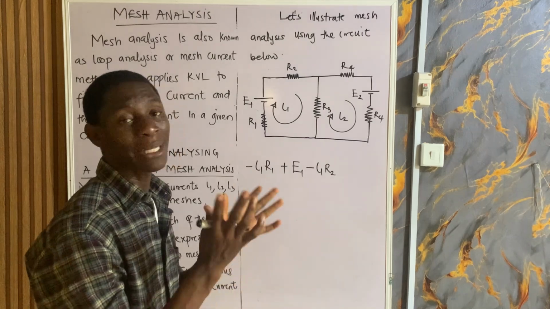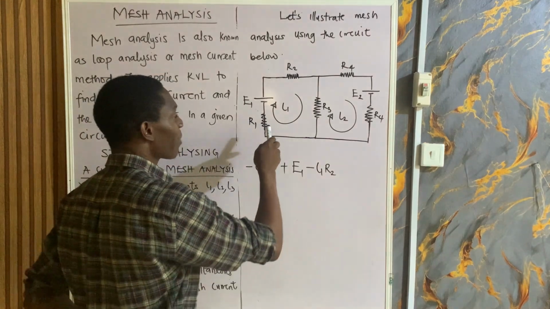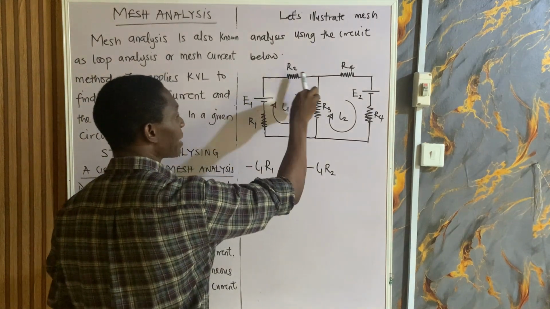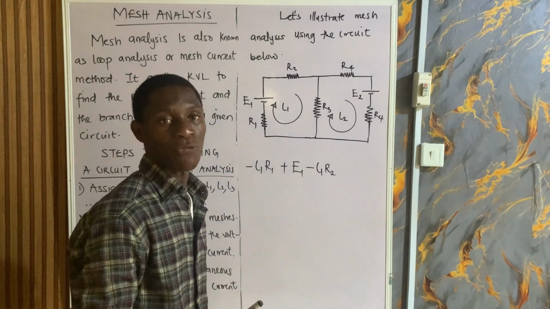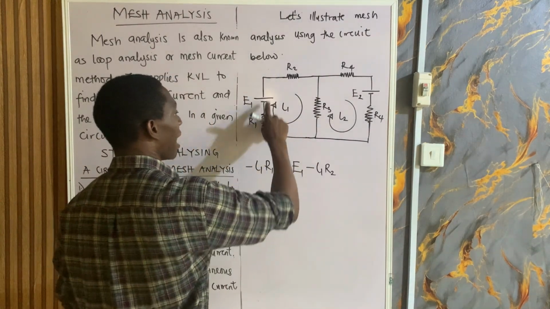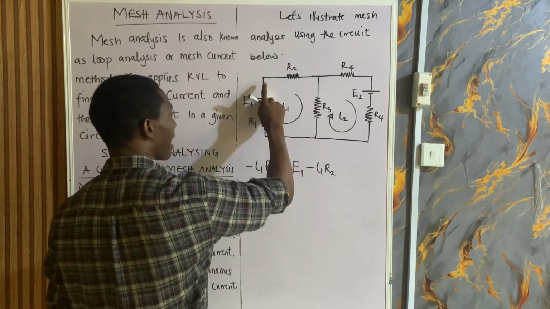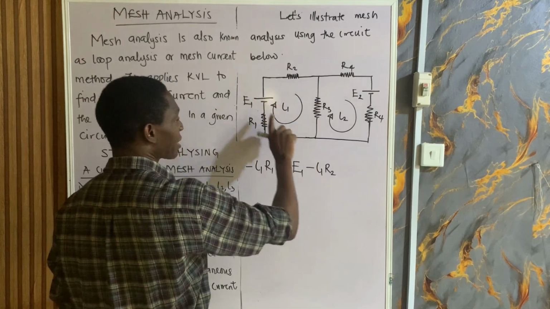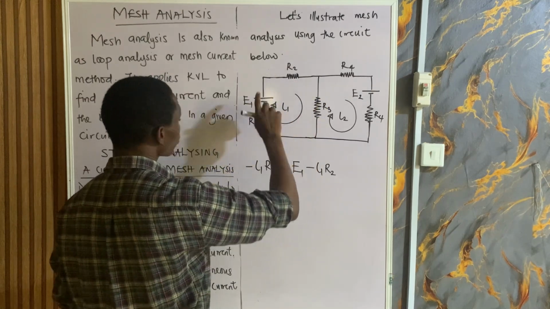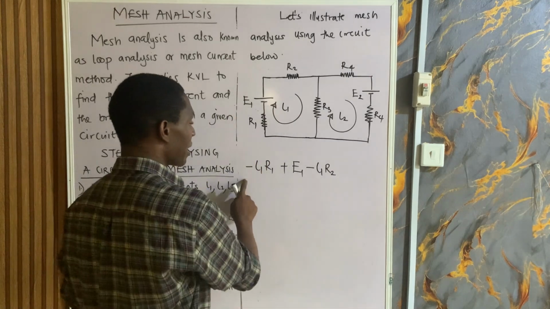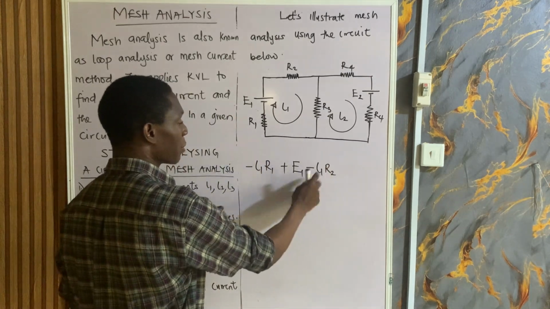Why? I simply made an assumption that the direction of my current is the direction I'm taking in reading these voltages. I read this first, and I read this next. I'll be reading this last one next. So you see the way I'm going now, going like this. And if you look, this current is going in this manner. So because of that, it is always a negative voltage or a voltage drop.